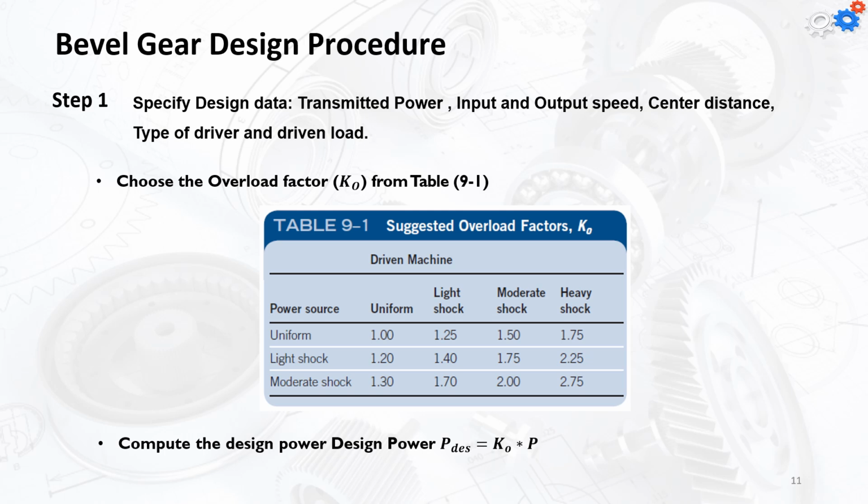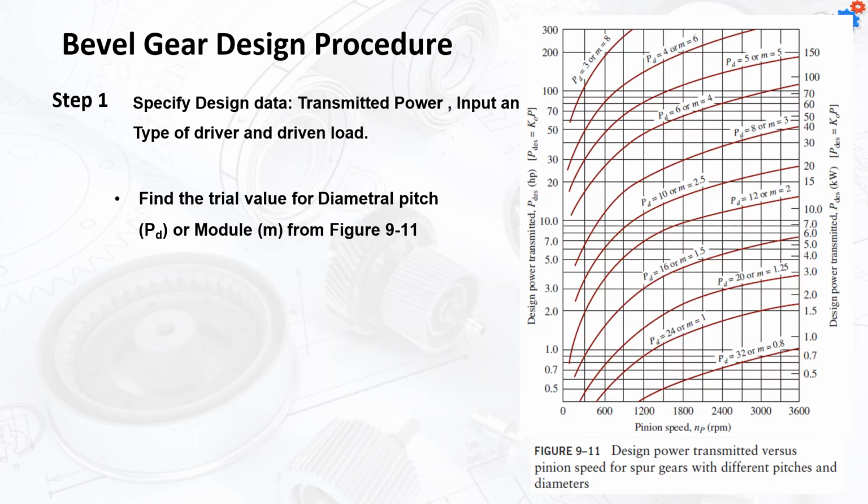We can simply compute the design power to be the actual power multiplied by the overload factor. After we find the value for the design power, we can calculate the value for the PD or the module M from Figure 9-11.